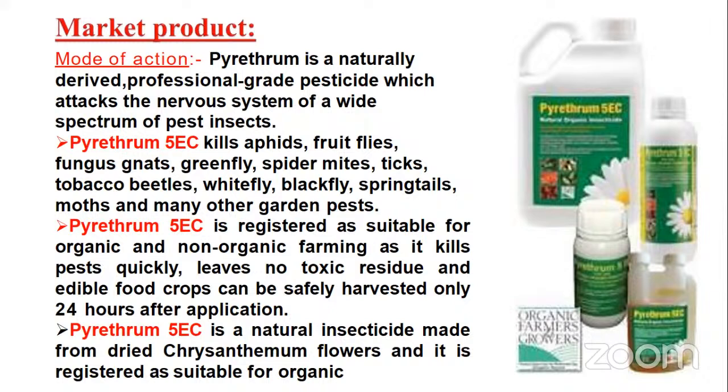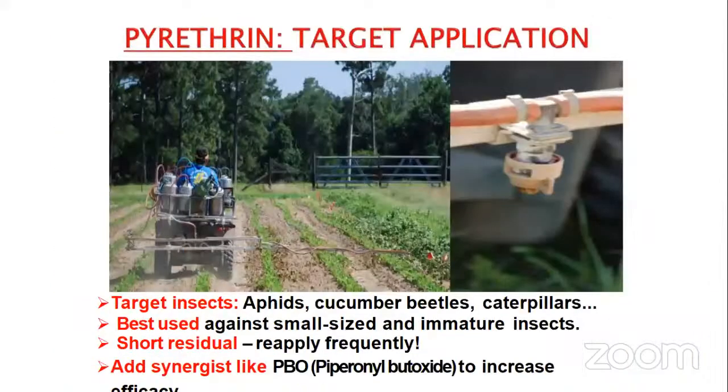We already know this pyrethrin targets the different types of insects listed here, and it is used against small sized and immature insects. You could add synergists like PBO to increase its efficacy.